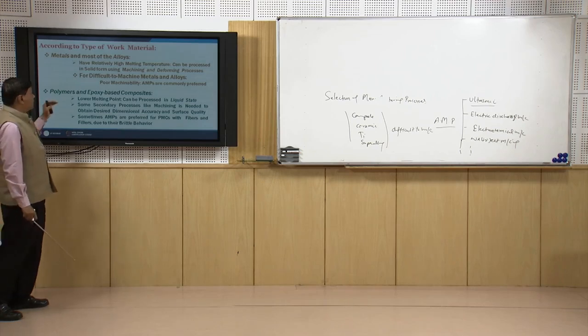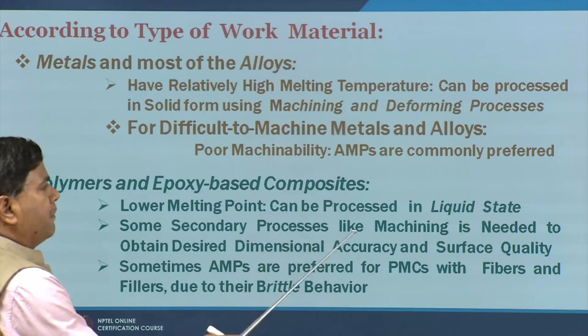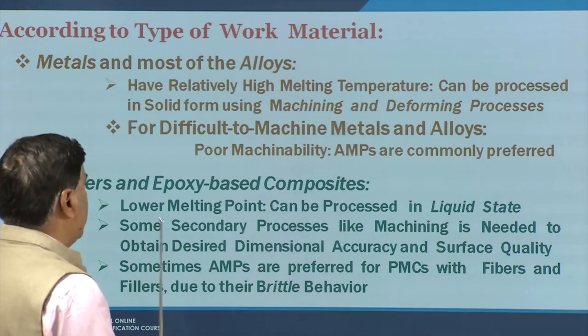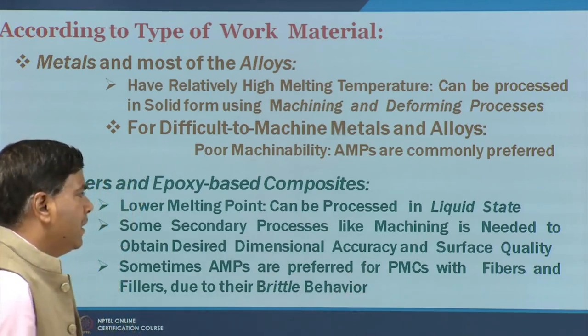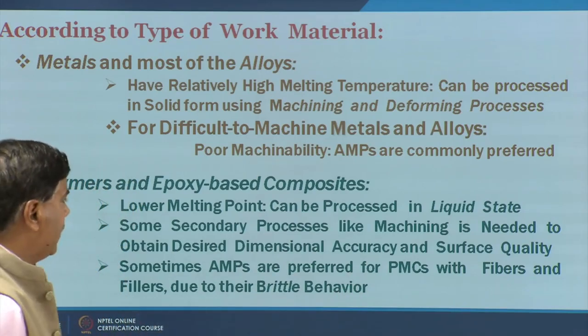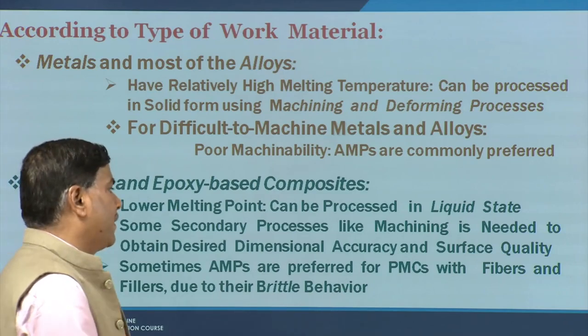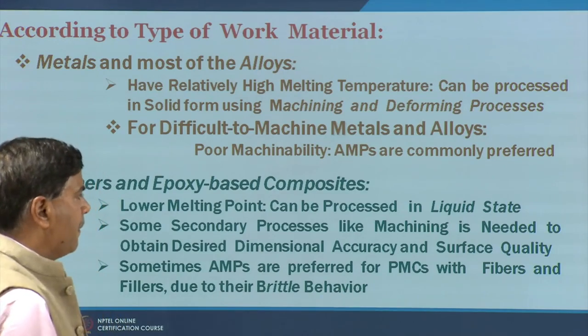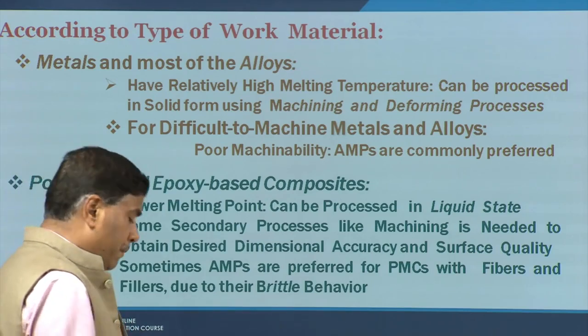Polymers and epoxy based composites have a low melting point and can be processed in the liquid state. Some secondary processing like machining is needed in order to achieve the desired finish and quality, and sometimes advanced manufacturing processes are preferred for processing polymer matrix composites with fibers and fillers, because of their brittle behavior.